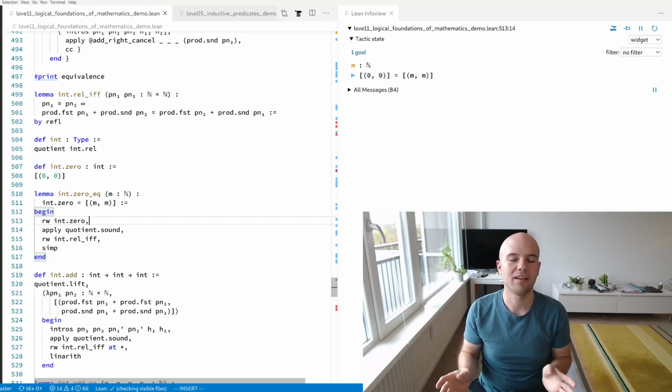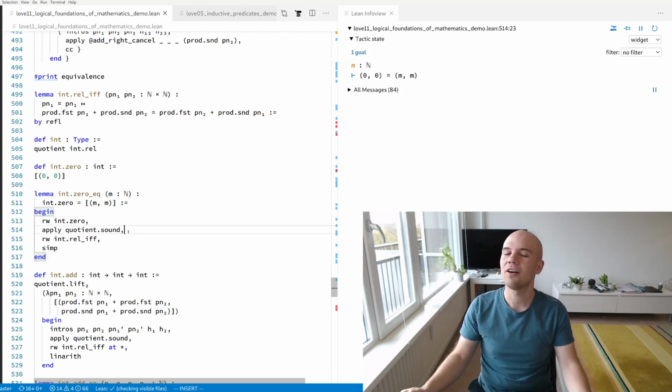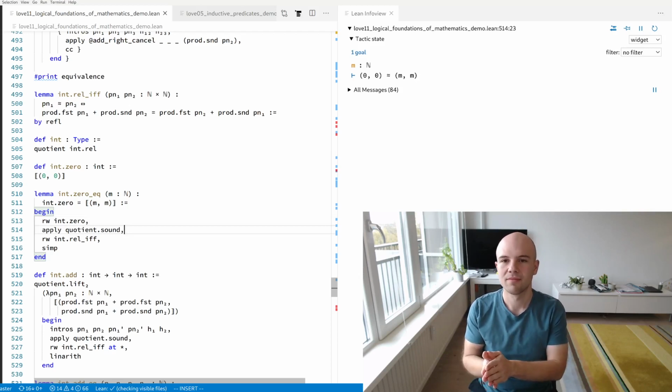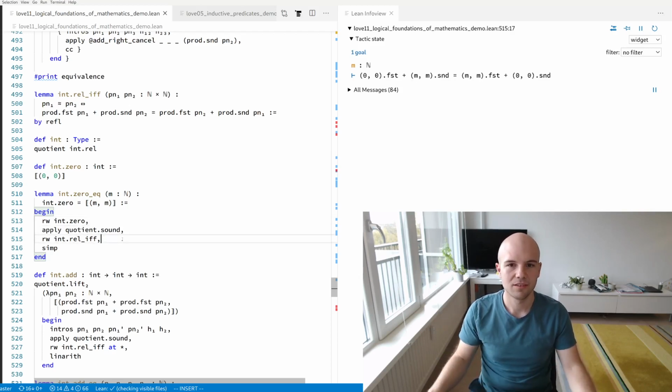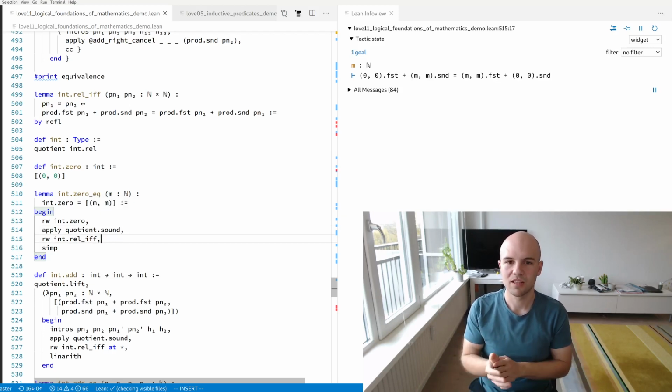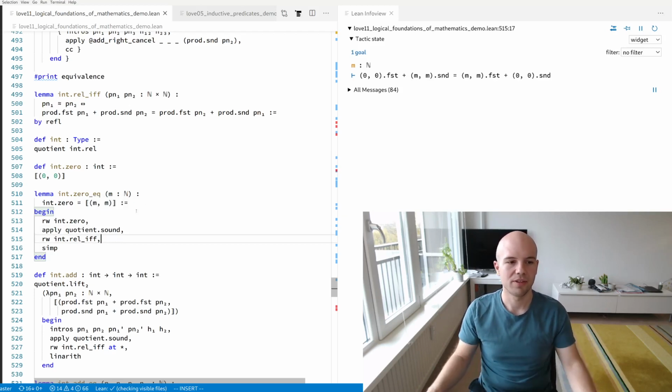We do this by applying the quotient.sound lemma. Okay, now we need to prove that they're equivalent, and by definition, this just reduces to some equality of addition, which we can easily finish with a simplifier, and then we're done.